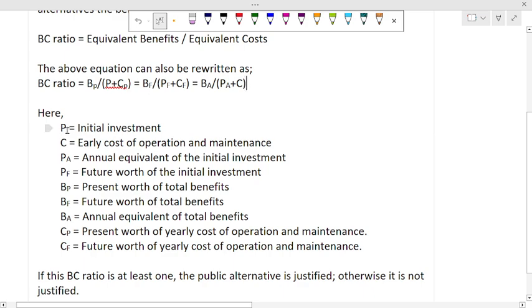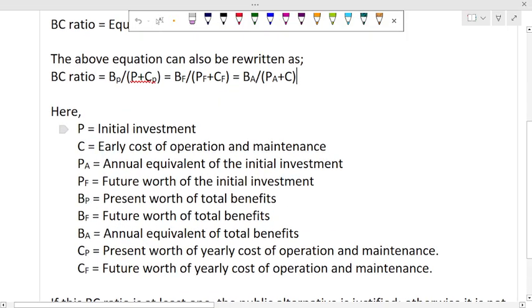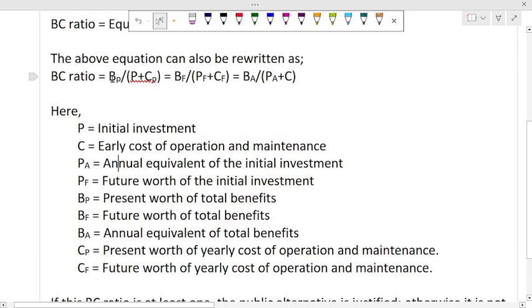So for P, what does it mean? Initial investment. What's your initial investment? That's the meaning of P. Then BP is the present worth of total benefits. So your present worth of total benefits is divided by initial investment plus CP, the present worth of yearly cost of operation and maintenance.